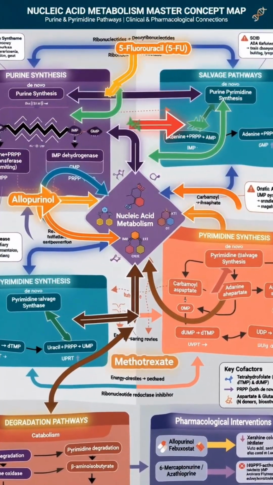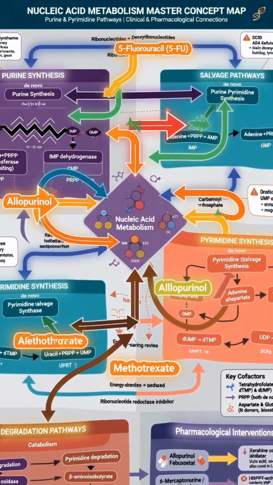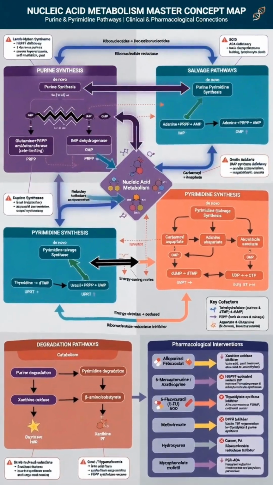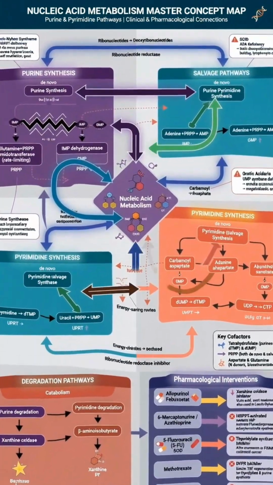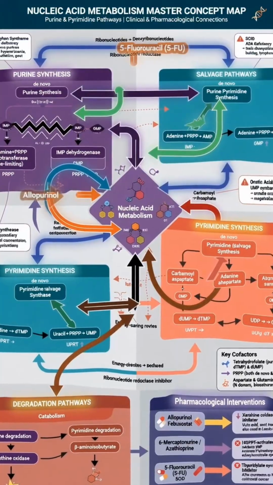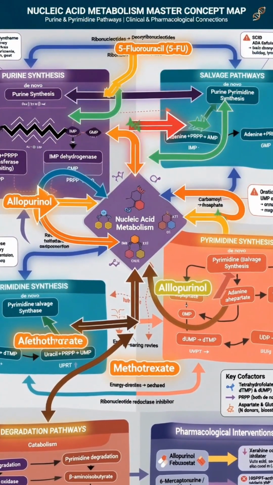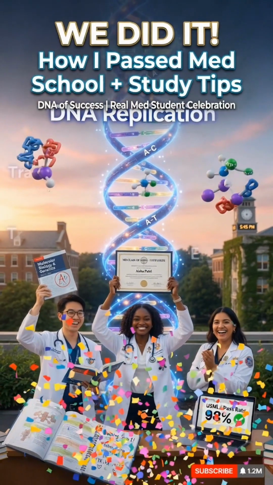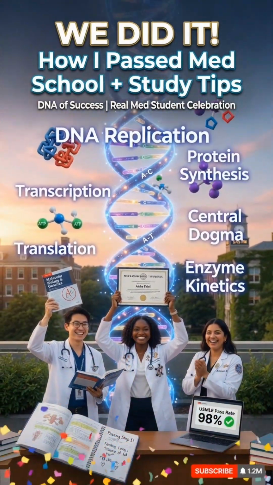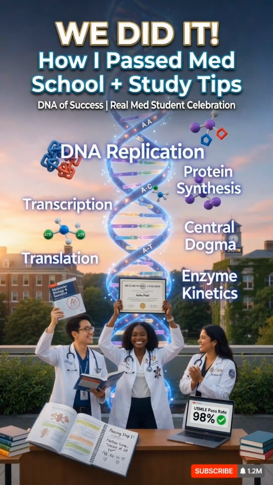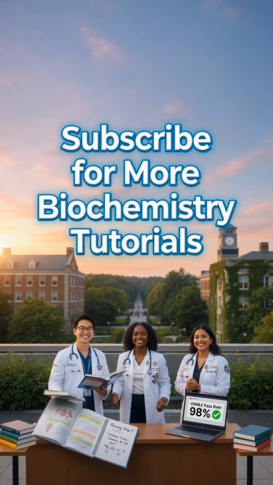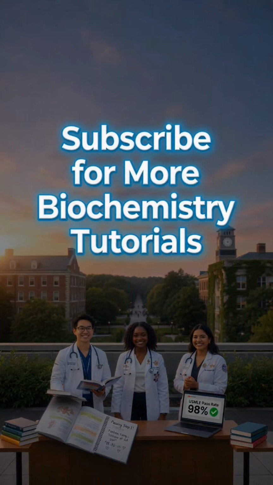Several medications exploit these pathways to treat diseases. So you can see the master concept, like I said before, summarizing the nucleic acid metabolism. And this master concept includes purine synthesis, the salvage pathway, the degradation pathway, pyrimidines, and others.